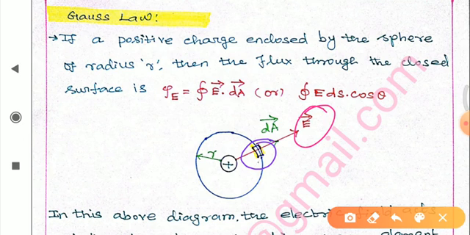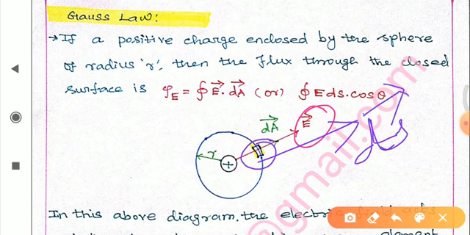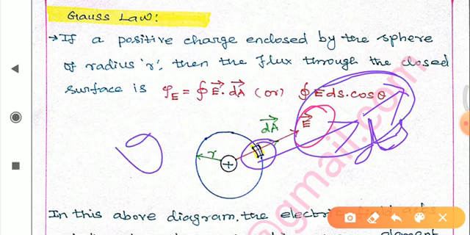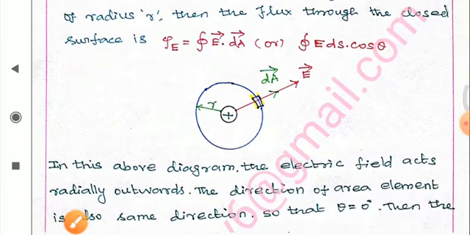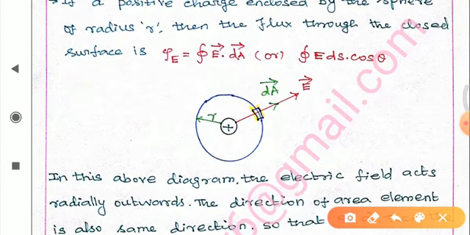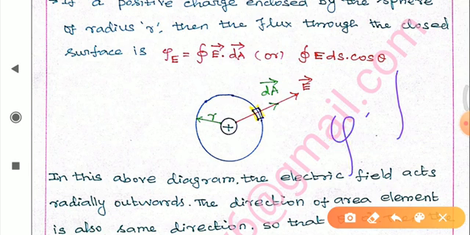In this region we draw the normal to the surface. Now what is the angle between E and dS, or E and dA? They are parallel, so that angle value is equal to 0. So cos 0 is equal to 1. So we can write phi is equal to integral E dot dA.